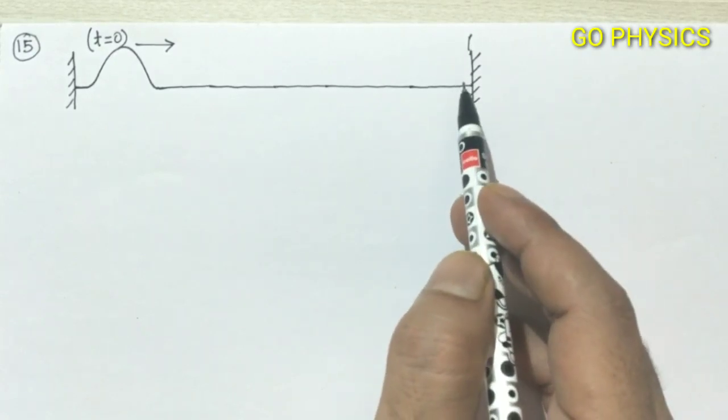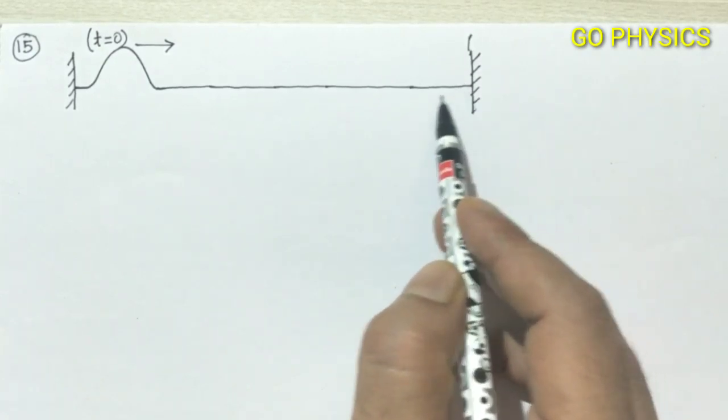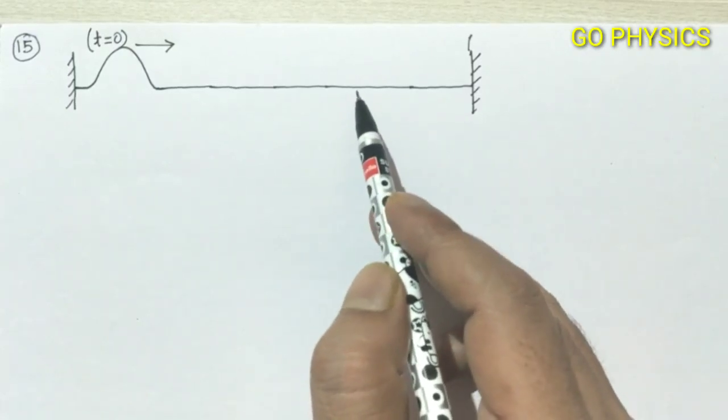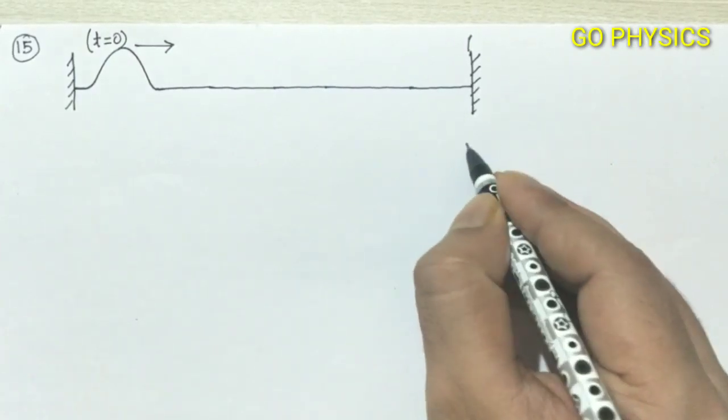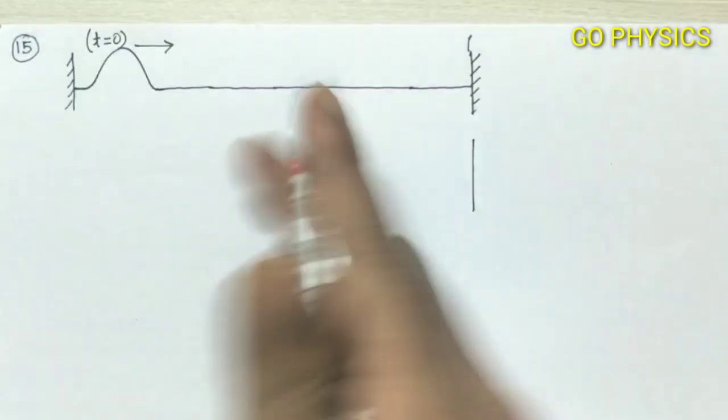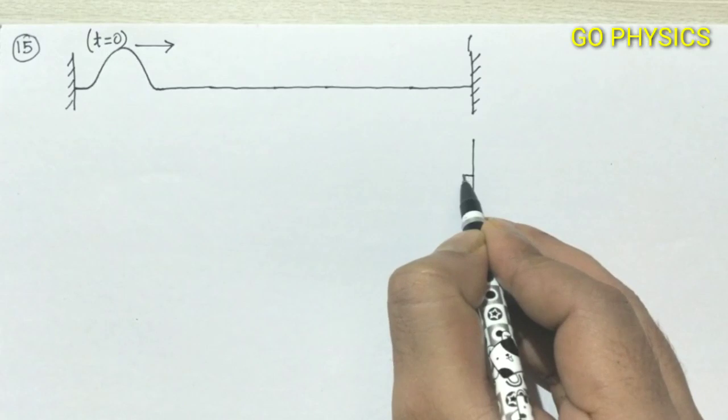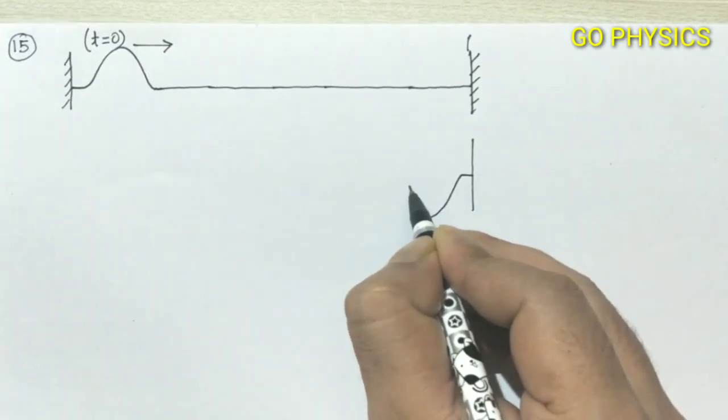And so the reflected wave, which is traveling along leftward direction, will get inverted with respect to the original wave. It means that the reflected wave will be inverted.